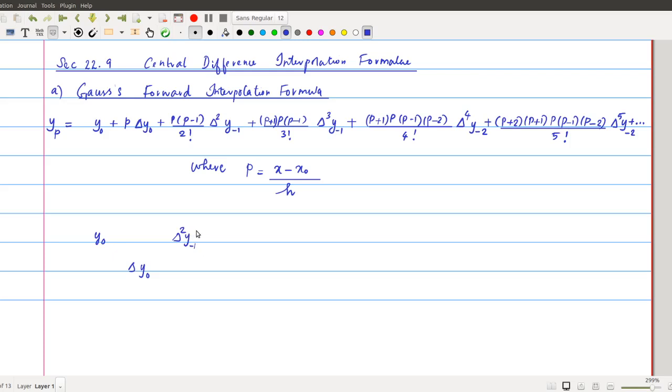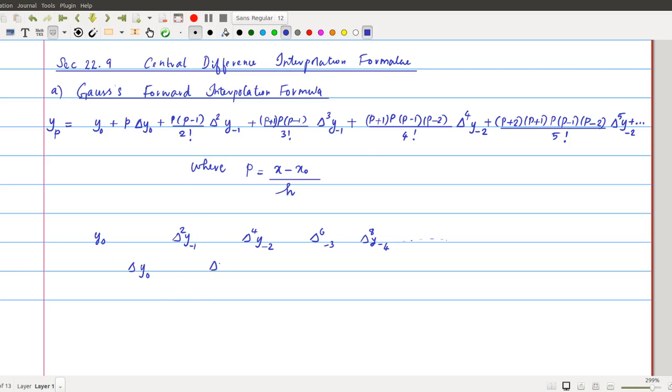So this is delta square y minus 2, delta raised to 4 y minus 2, delta raised to 6 y minus 3, and we write all the even powers here, delta raised to 8 y minus 4, etc. This is what we call the center line, and this is the way we remember this formula.